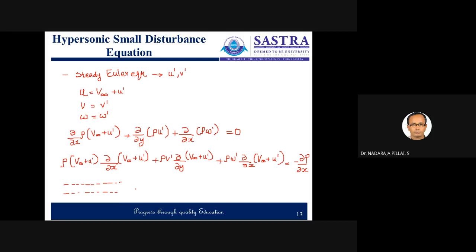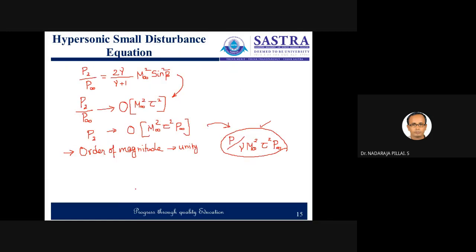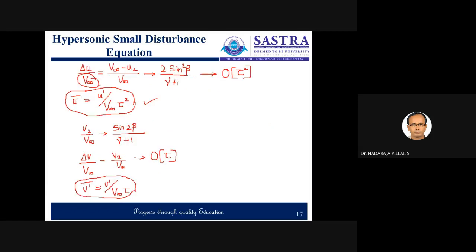So we have done it with u dash, v dash, w dash, and then we want to non-dimensionalize the quantities. So we have finally non-dimensionalized the pressure, non-dimensionalized the density, non-dimensionalized the u dash, v dash, and so on.